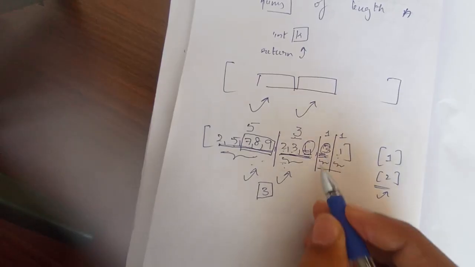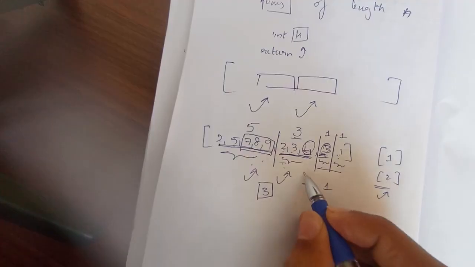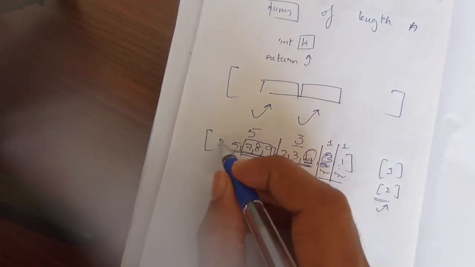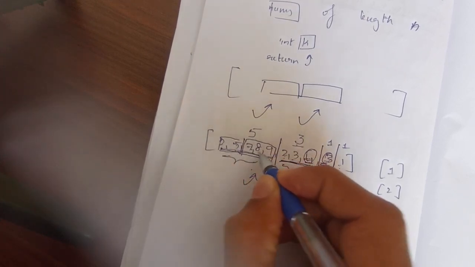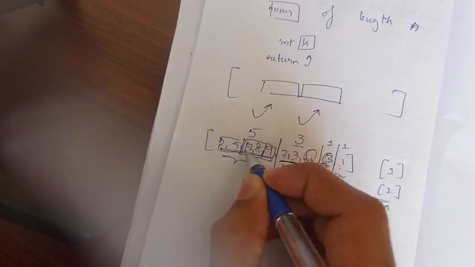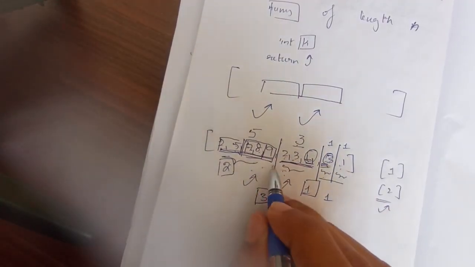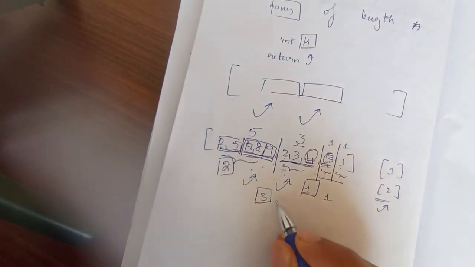When we compare 4 with subarray 4 and 3, we also get 1. But if we compare 2 5 as a subarray and 7 8 as another subarray, we get count 2 here. But if we see all the subarrays, the maximum count we get is 3.